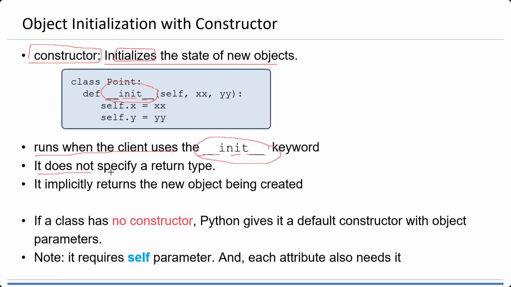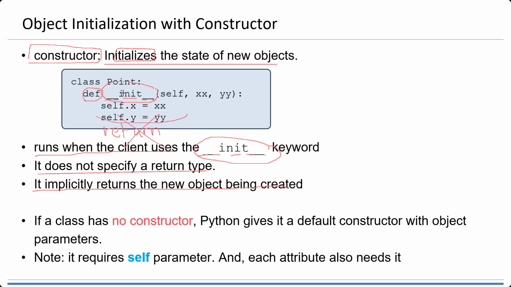It does not specify a return type. This function will not have any return. It implicitly returns the new object being created.